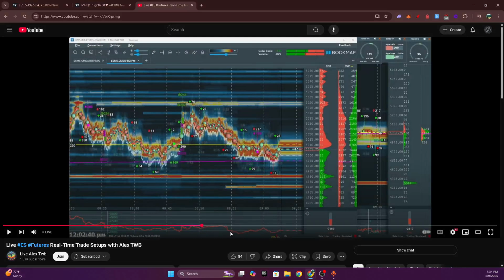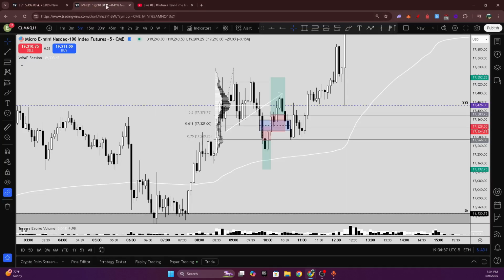It looks like we did not even touch the level. Yeah, so we did not even go down to the level, but we went to the relative area.